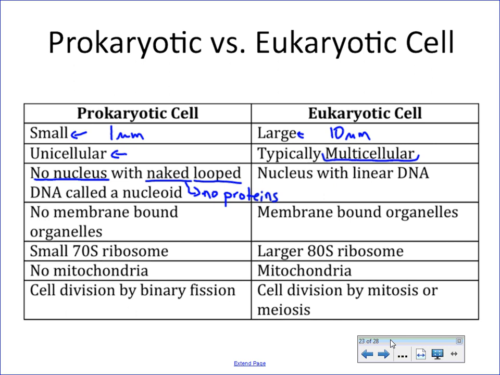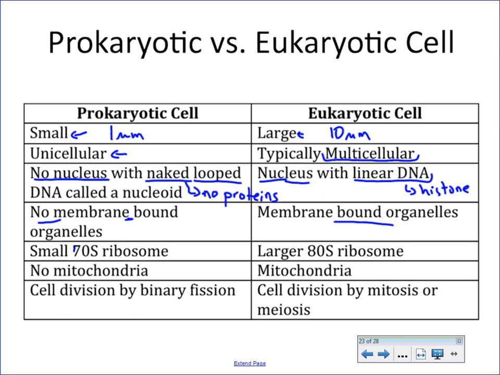Whereas the eukaryotic cell will contain a nucleus that contains linear DNA that is associated with histone proteins. Prokaryotic cells will not contain membrane-bound organelles, whereas eukaryotic cells do contain membrane-bound organelles.